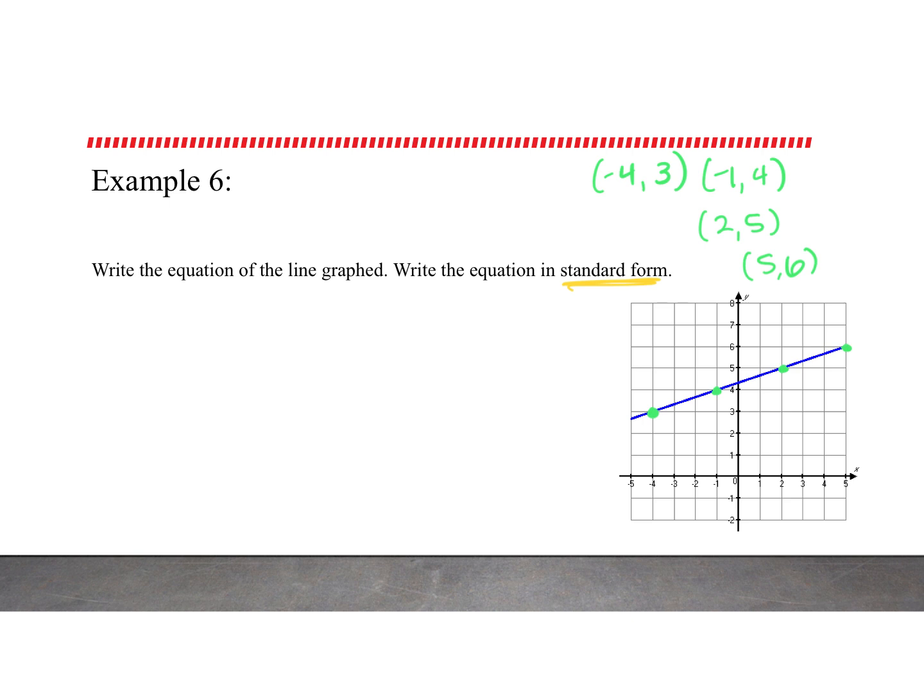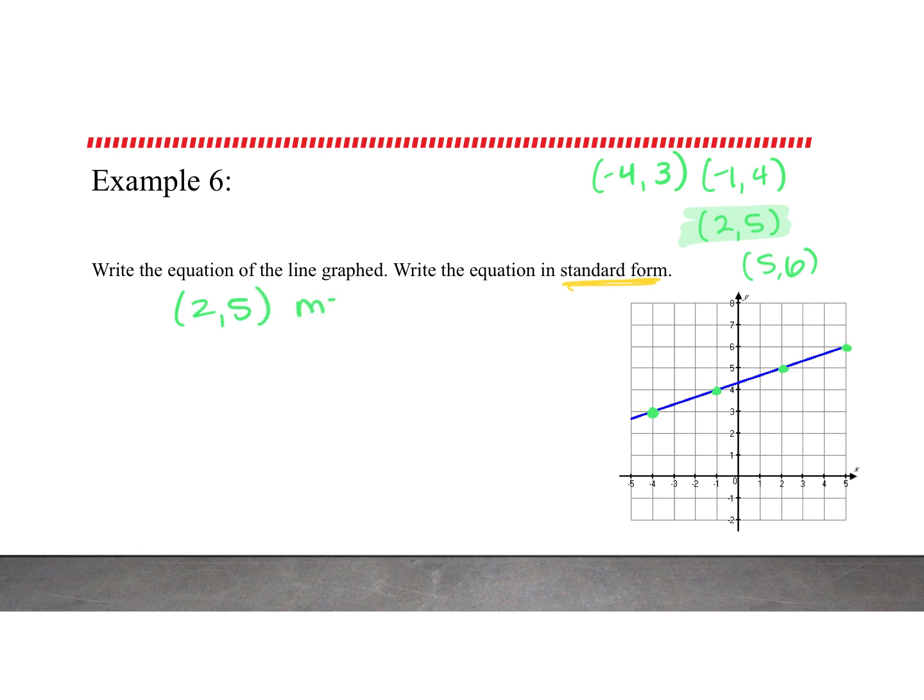So you can pick any 2 ordered pairs and find your slope. But I'm going to shortcut that by saying if I have my graph, I can just count out my slope, because I just need one of these ordered pairs, and I'm going to use this one because it had nice, pretty numbers in it. So I'm going to use that as my ordered pair.